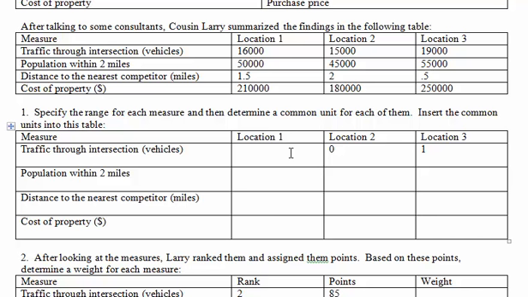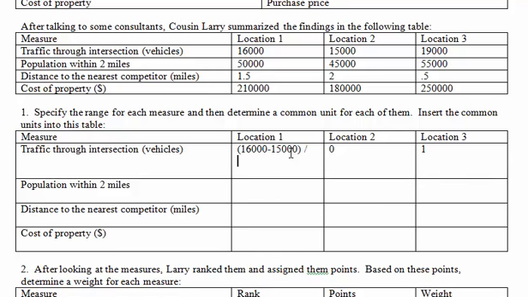So this would be 16,000 minus 15,000 divided by 19,000 minus 15,000. And that will give you your common unit measure, the middle number. So in this case, what is that? A quarter? 0.25?